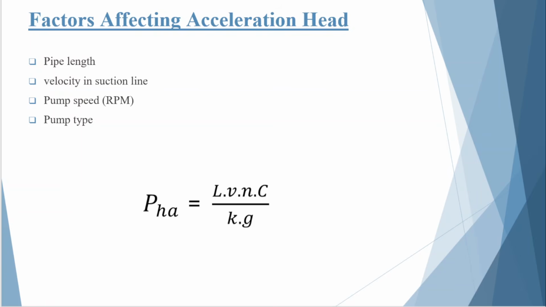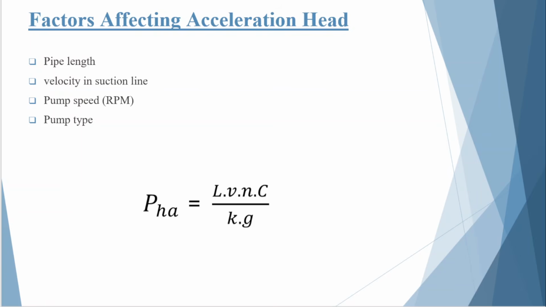The fourth factor is pump type. Single-acting pumps generally produce larger flow pulsations because pumping occurs only during one stroke. Double-acting pumps distribute the flow more evenly, reducing pressure fluctuations. Triplex and quintuplex pumps provide even smoother flow because multiple pistons operate with phase differences.